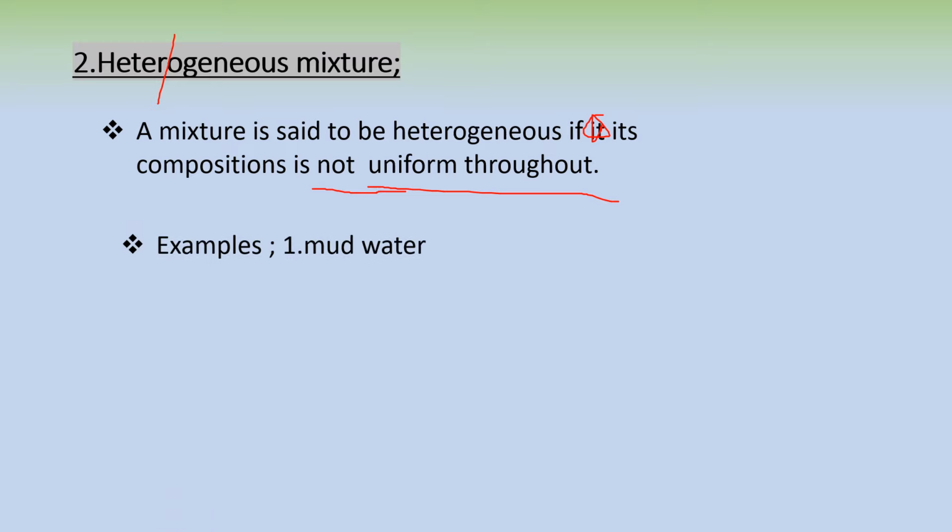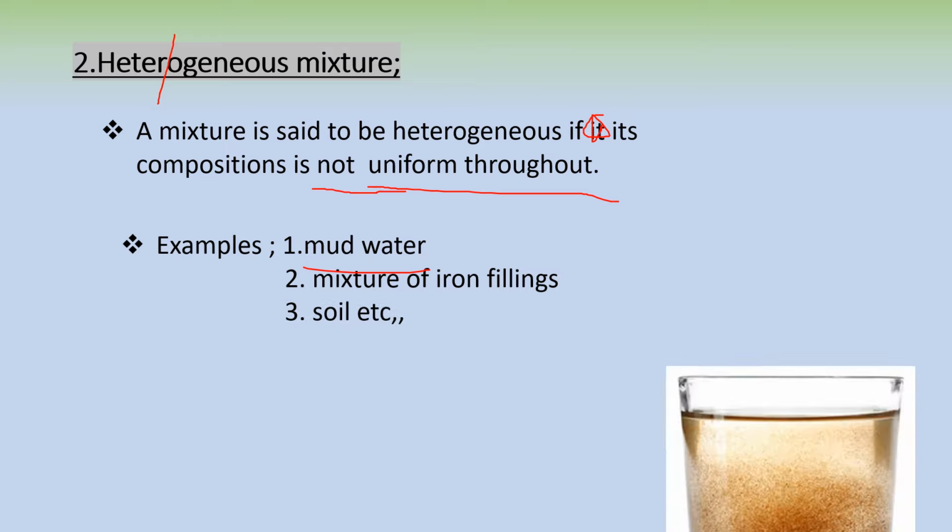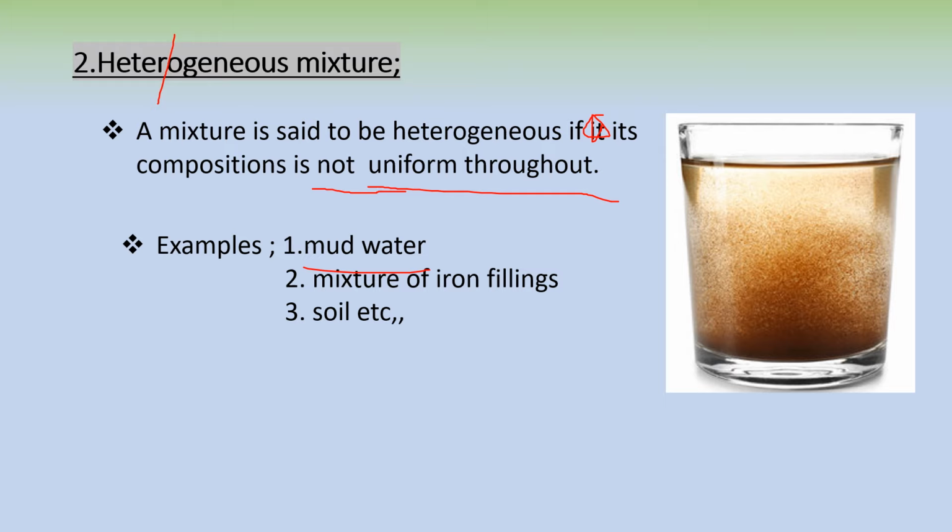Next, for example, mud, soil. You can take soil, it will be mixed with some stones, small stones and other dirty things. And mud water, a mixture of iron filings, soil, etc. Look at this image. Take one glass, add some water, pour some mud or soil.